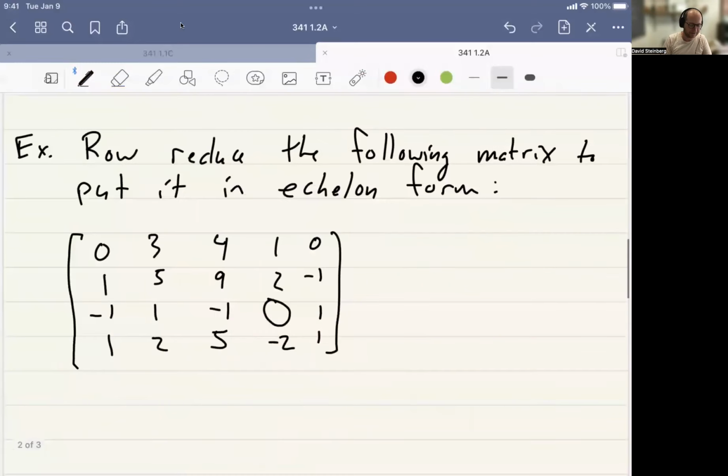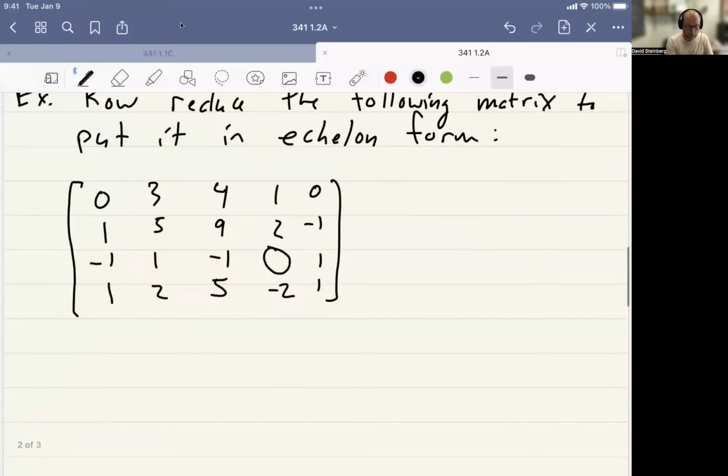We want to row reduce the following matrix to put it in echelon form. Since we want a leading entry in this top leftmost position, let's start by swapping row 1 and row 2. It would work with any of the other rows, but we'll start with 1 and 2. So let's swap row 1 and row 2.